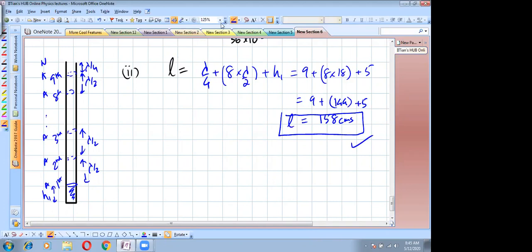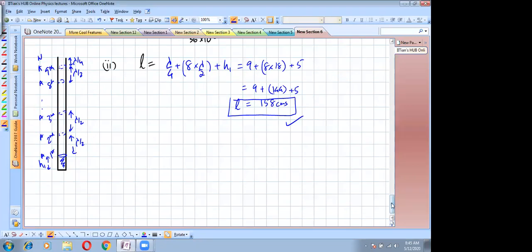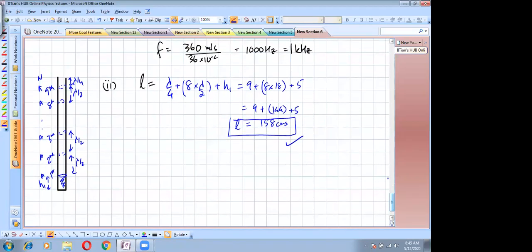Okay, so hope this is clear to all of you. This is a very standard type of question. I mean, this is a mains level question.